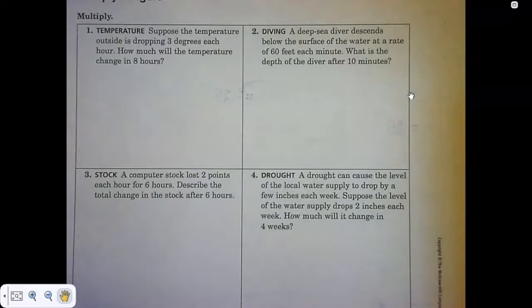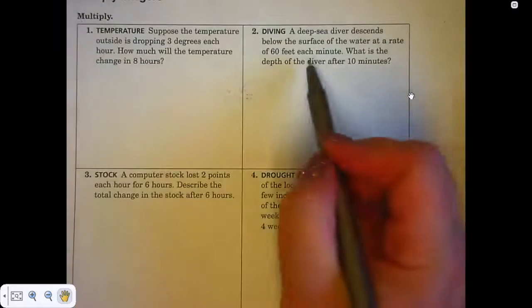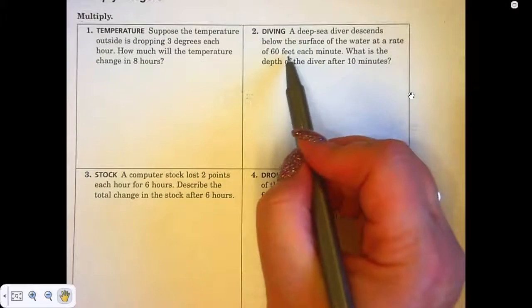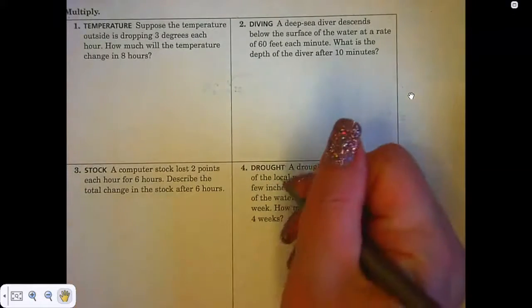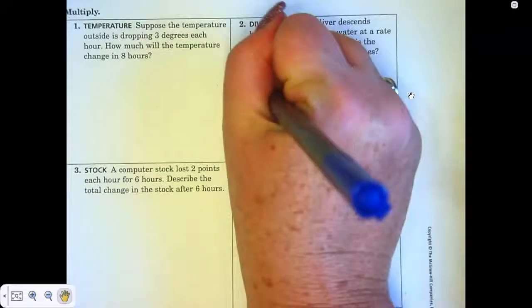Let's do number 2. A deep sea diver descends below the surface of the water at a rate of 60 feet each minute. What is the depth of the diver after 10 minutes? So, if we are diving at 60 feet per minute, is that a positive 60 or a negative 60? It's a negative 60.